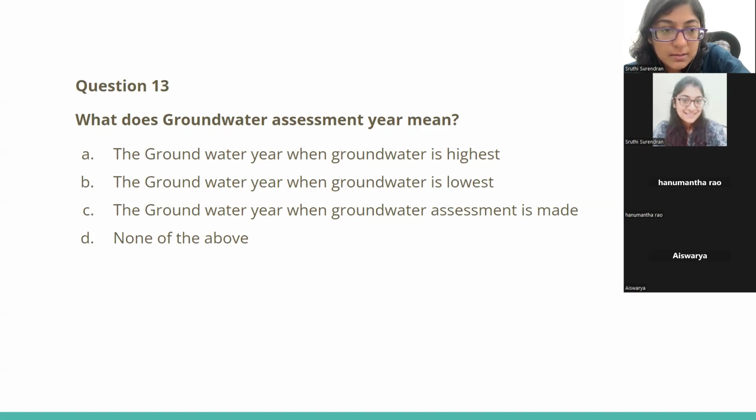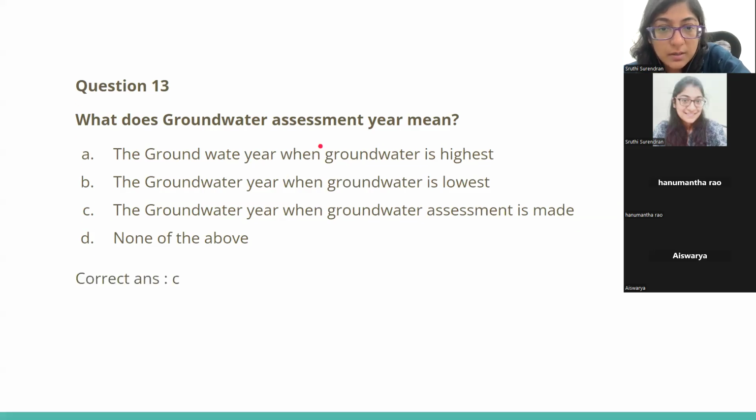Correct answer, it's option C: the groundwater year when the groundwater assessment is made. So again, we studied what a groundwater year is, what the seasons in a groundwater year are, what periods the measurements are made in, and what a groundwater assessment year is.